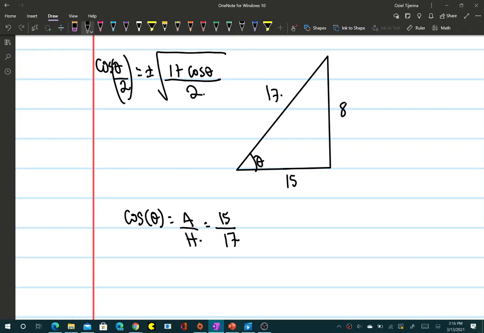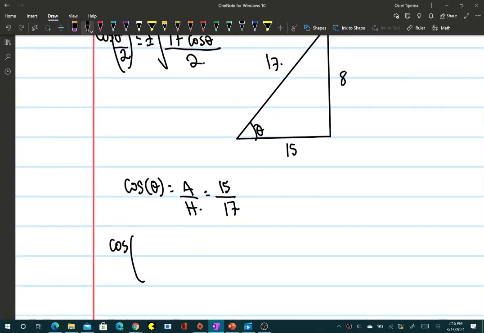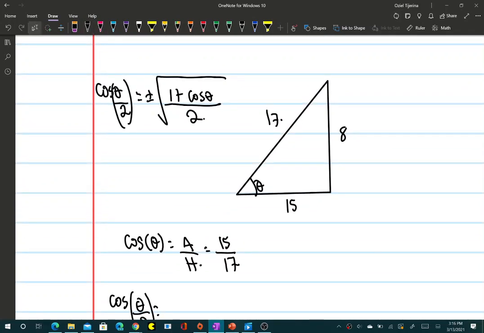It'd be 15 over 17, so then you would say that cosine of theta over 2 is equal to, and since cosine is in the positive x direction, we have an 8 right here, a 15 over here, and a 17 over here.